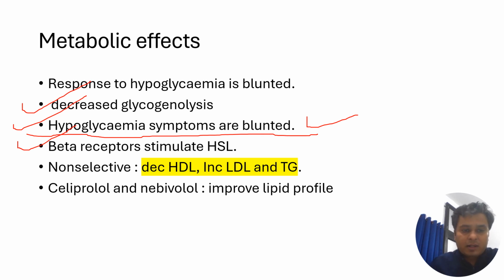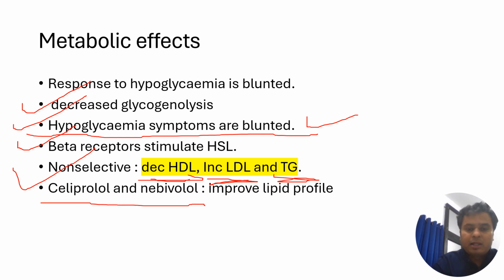Also we have the actions of non-selective beta blockers on decreasing HDL. Non-selective beta blockers have been shown to decrease HDL and to increase LDL and triglyceride levels. For a favorable lipid profile, we need to use drugs like celiprolol and nebivolol, which tend to improve the lipid profile.